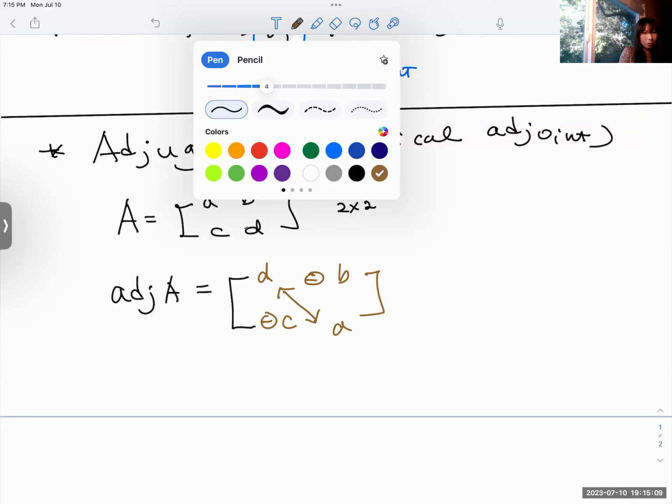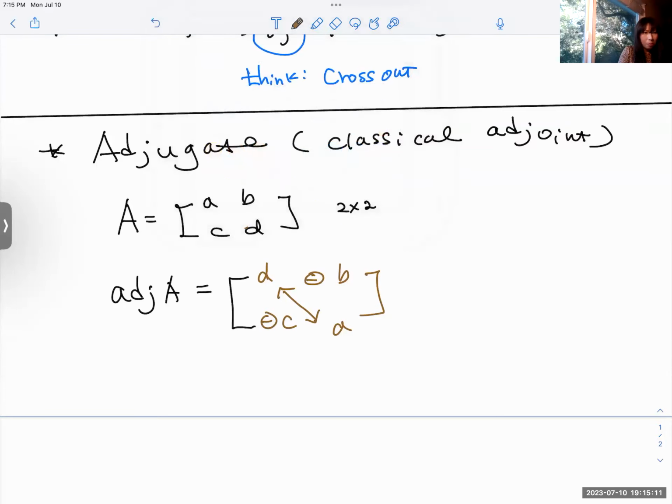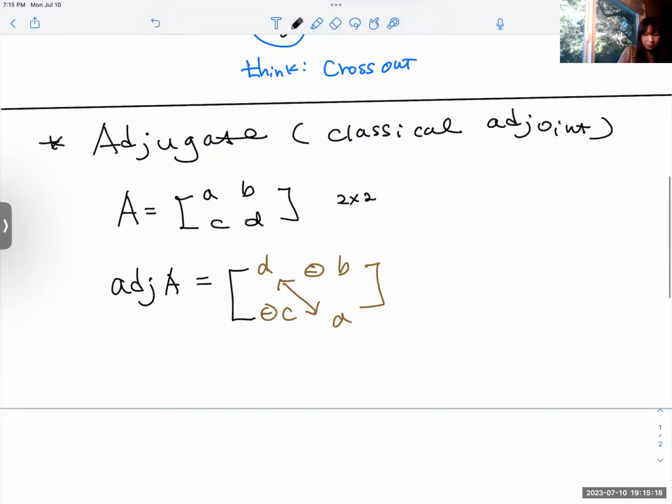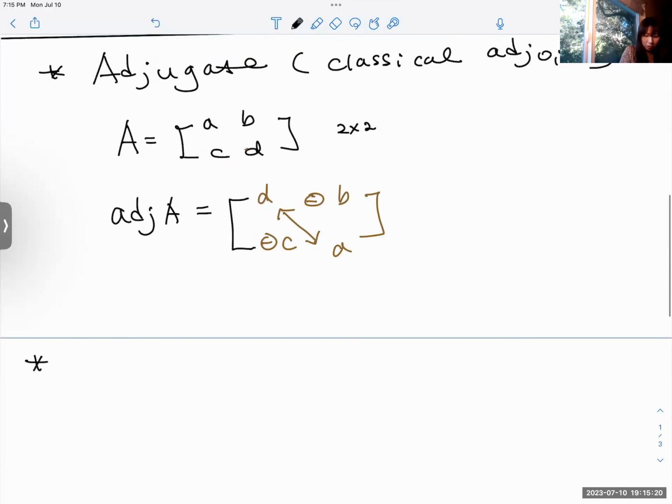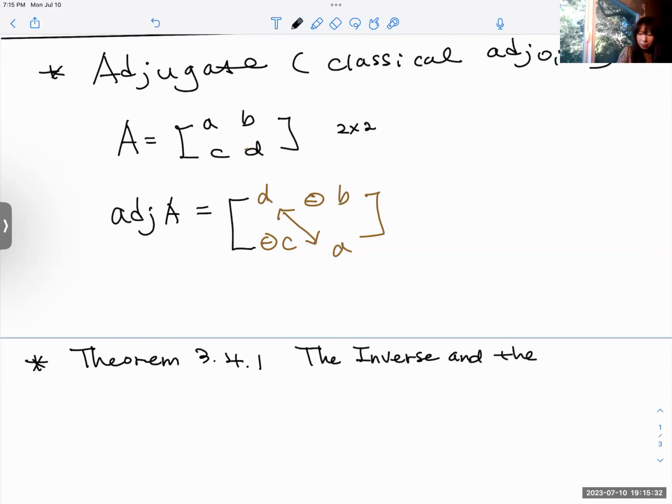Let me just use this one, Theorem 3.4.1, the inverse and the determinant.